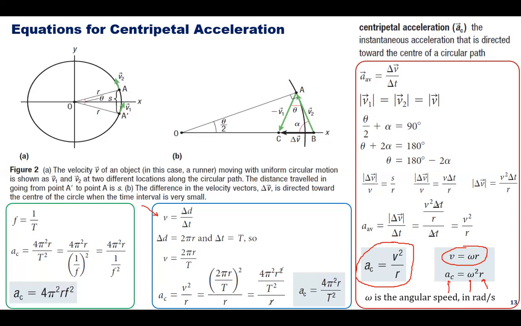So we can substitute the above expression for v into the above equation for centripetal acceleration to obtain the acceleration in terms of the period and radius.